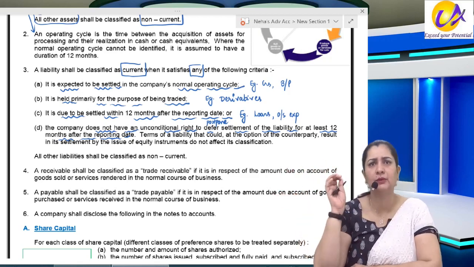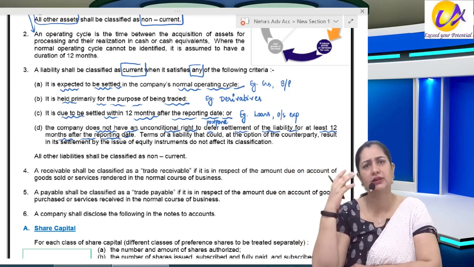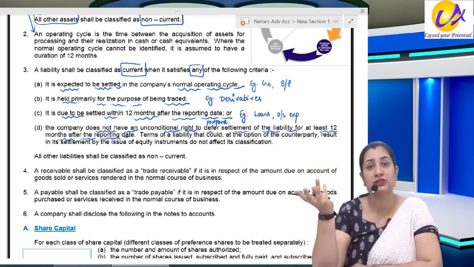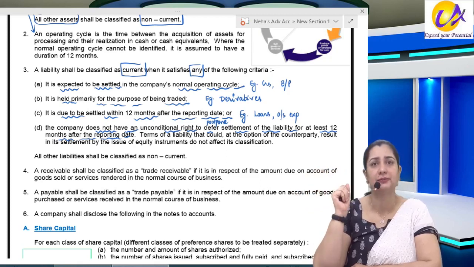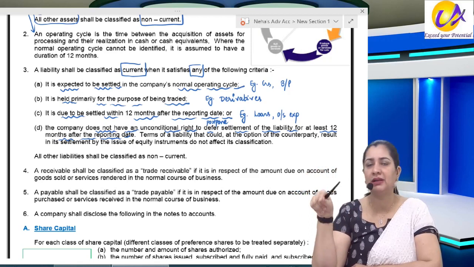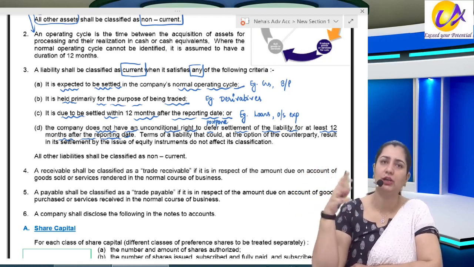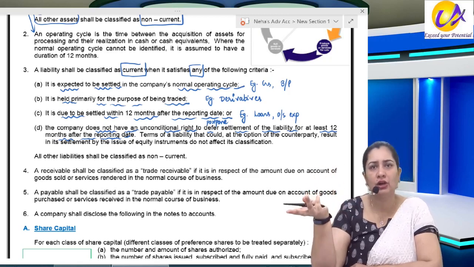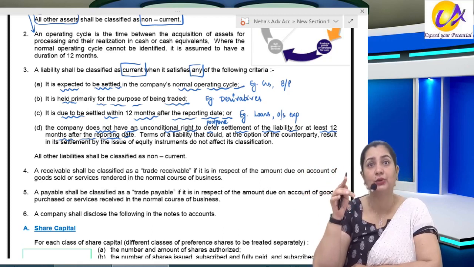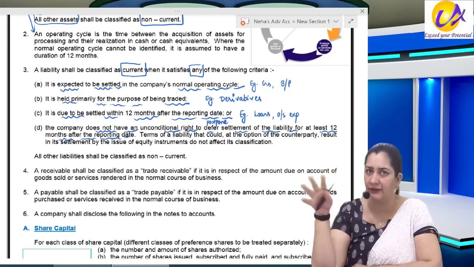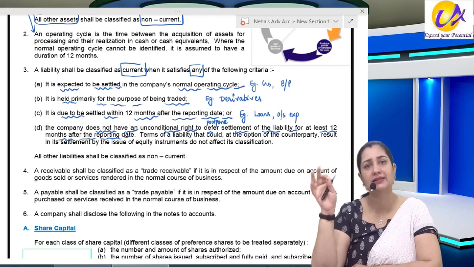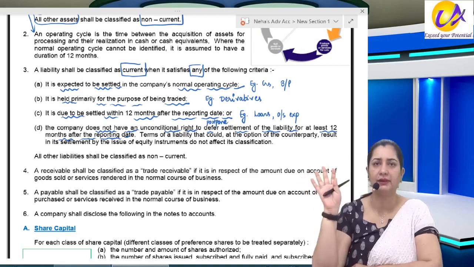So there could be contracts where you can postpone it beyond 12 months. We have to see the contract. So there is a liability payable, but the company has an option of paying it off. They can postpone it 1 year, 2 years, 3 years according to the contract. Then it will not be a current liability because you have the right to defer it. But if you don't have the right to defer it, it is payable as per your contract. So you will show it as a current liability.